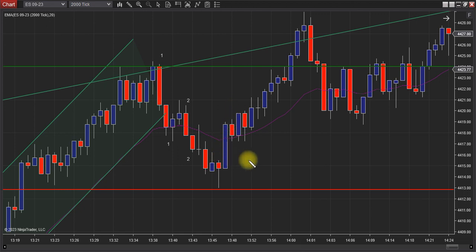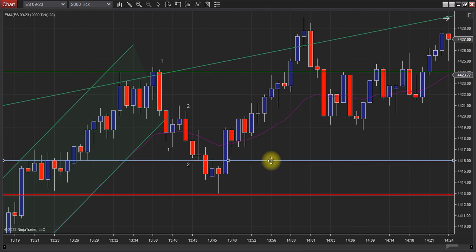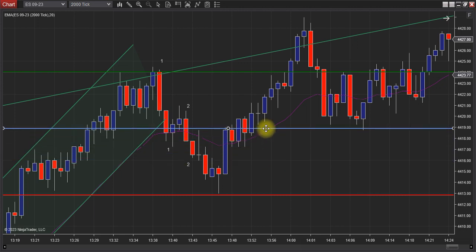We'll use a blue line for entry. Entry here, stop loss here, and profit target here being the previous highs. Or I could say that I want to enter as a bull here on this bear trap, where my profit target is going to be the same and my stop loss is going to be the same.